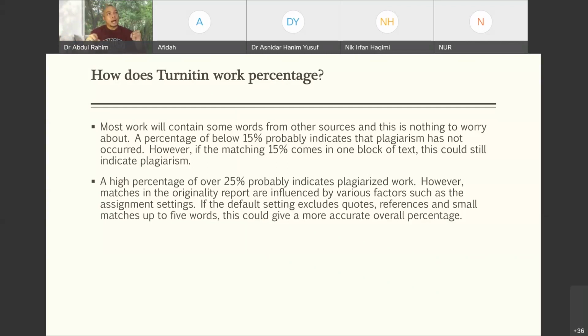So how will the university ensure this? In order for you to submit this thesis, you can easily remove this methodology part when you want to get the originality report and submit for the viva.